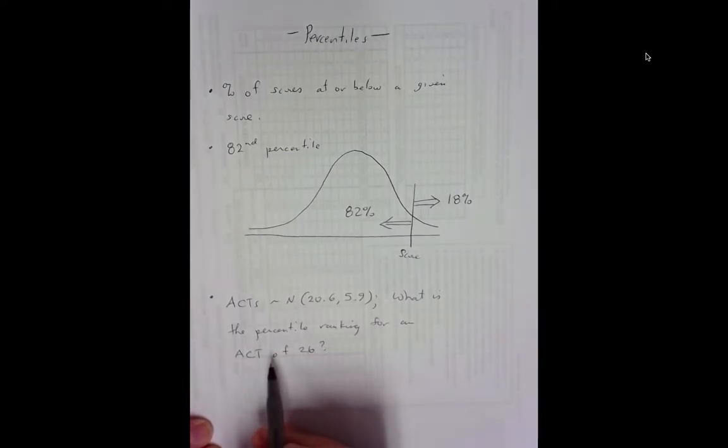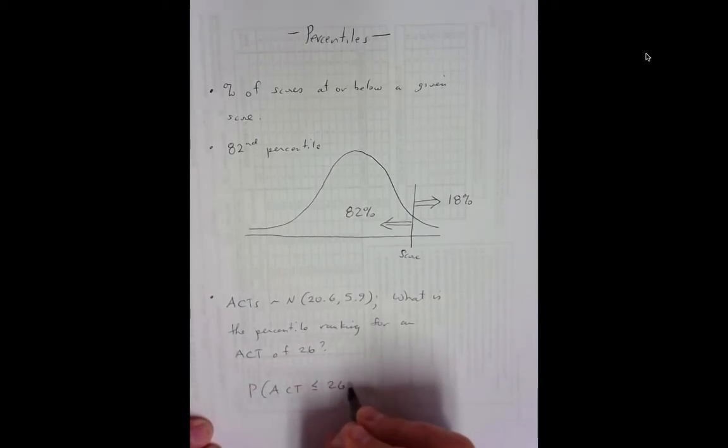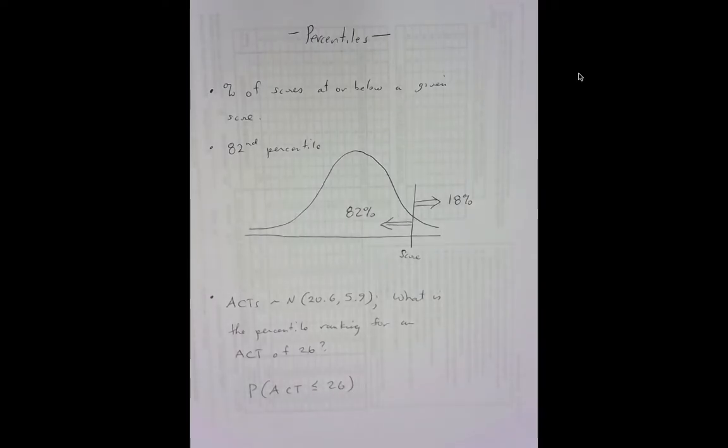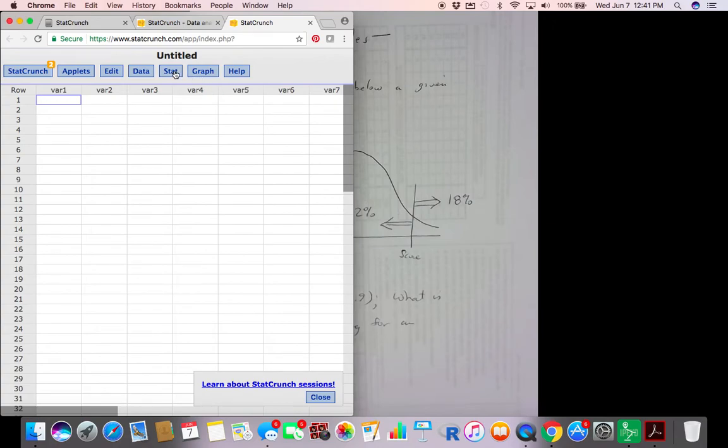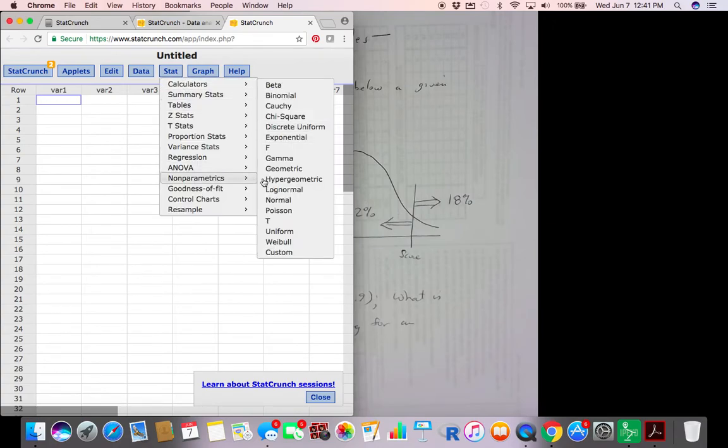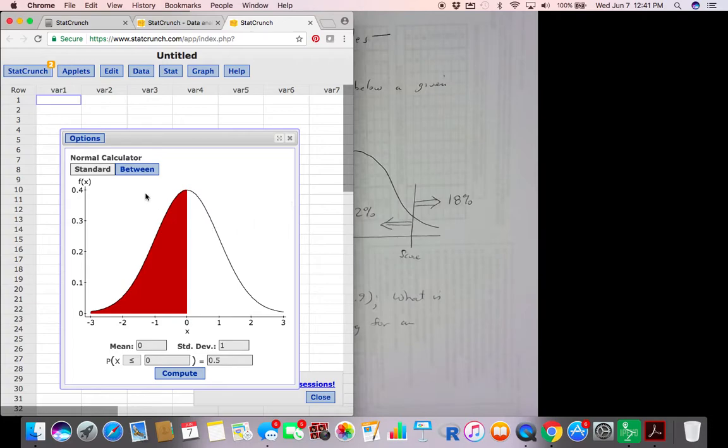Well, guys, essentially this is saying what's the probability that we have an ACT less than or equal to 26. And we will know from previous problems that finding that is very easy.